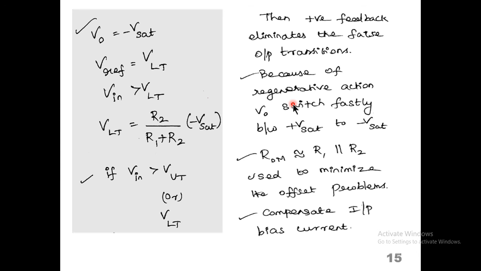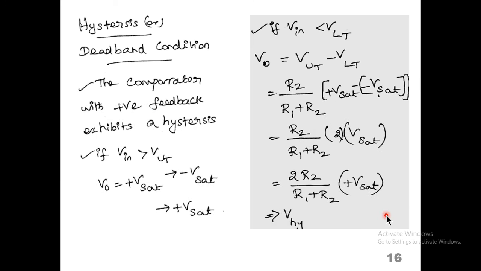Because of the regenerative action, Vo switches quickly between plus saturation voltage and minus saturation voltage. Here Rom in the input side, which is approximately equal to R1 parallel R2, is used to minimize the offset problems and compensate the input bias current.